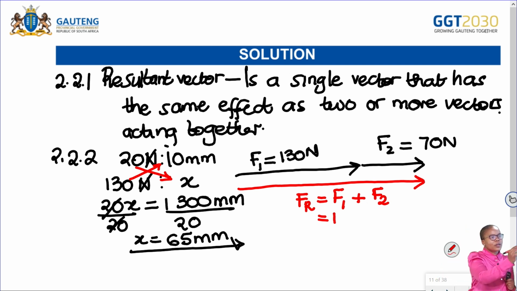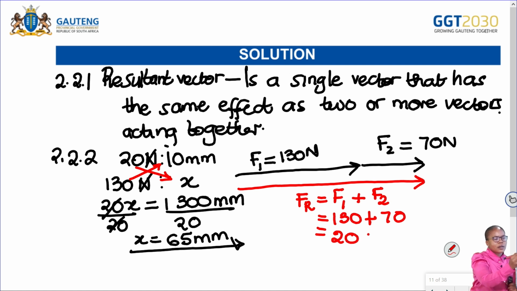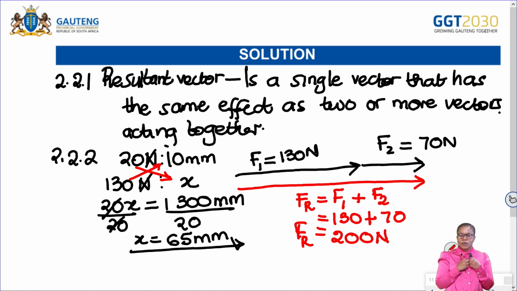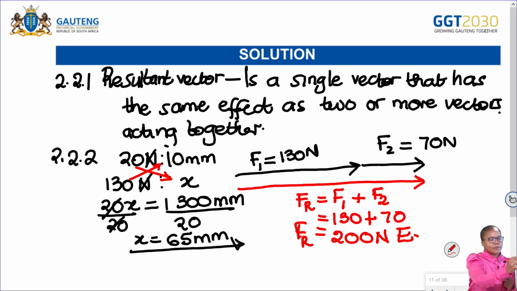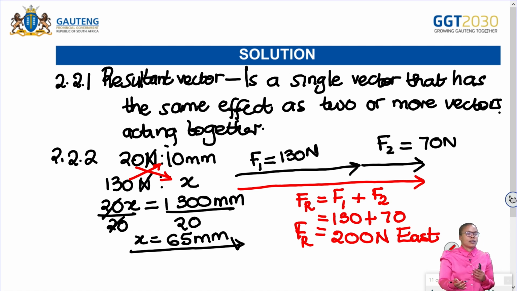So you've got your 130 plus 70. This is going to give us 200 newtons. So this is our FR. It's giving us a positive number, so it's also going way to the east, because we had taken the east side as positive.